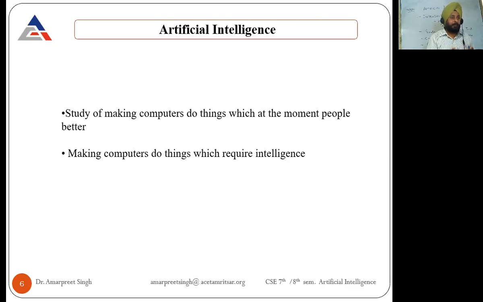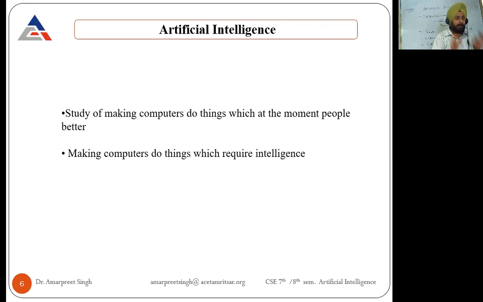So what does it mean? It means that we want to make our machine or computer as intelligent as a human. We want to inculcate the ingredients of intelligence that the human brain acquires into the machine. So that is what artificial intelligence is all about in simple terms.